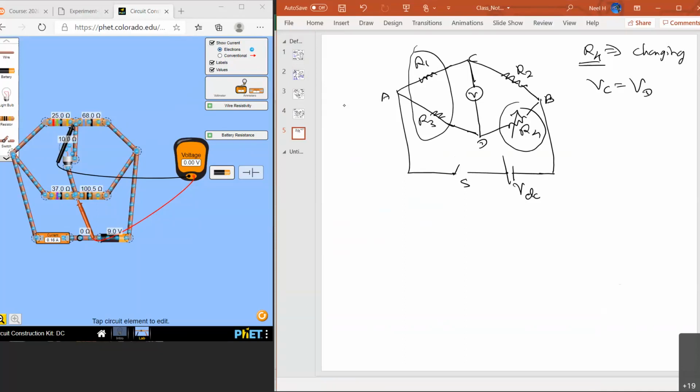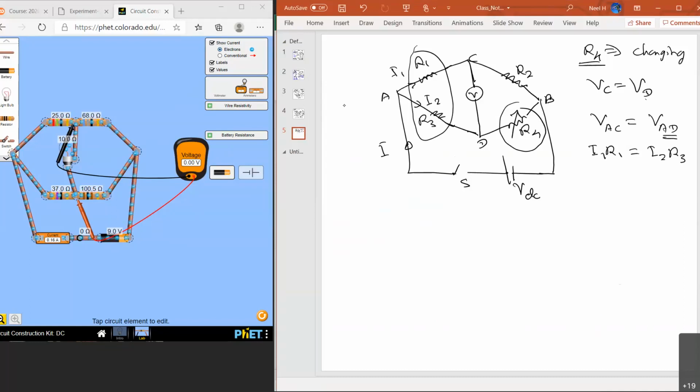Because if VC equals VD, then VAC must be equal to VAD. VAC is I1 times R1, with current I1 passing through here. This is I2, and the total current into the circuit is I. And VAD is I2 times resistance R3.